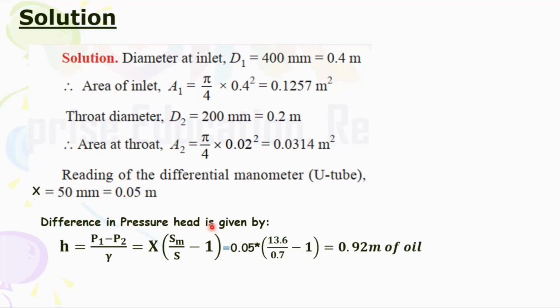So the difference in pressure head is given by the previous equation. Pressure difference (P1 minus P2) over gamma equals X times (Sm over S minus 1). After substitution, you get 0.92 meter of oil. So this is the pressure head difference between the two parts.